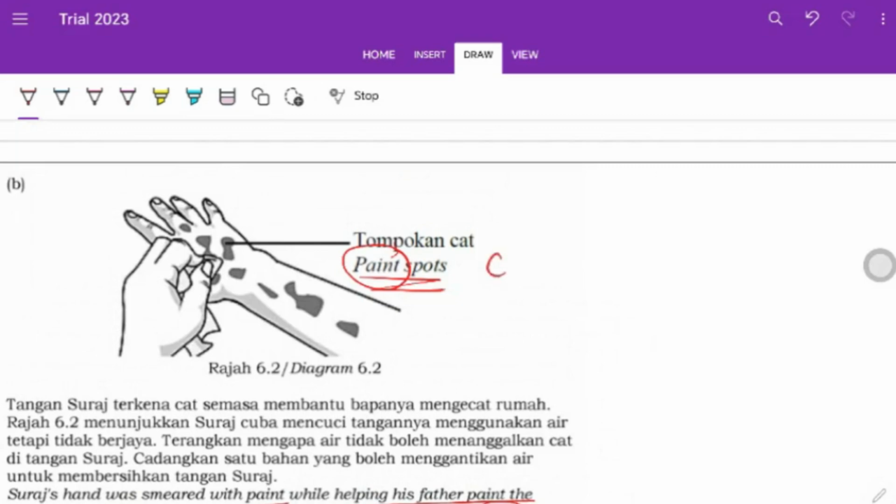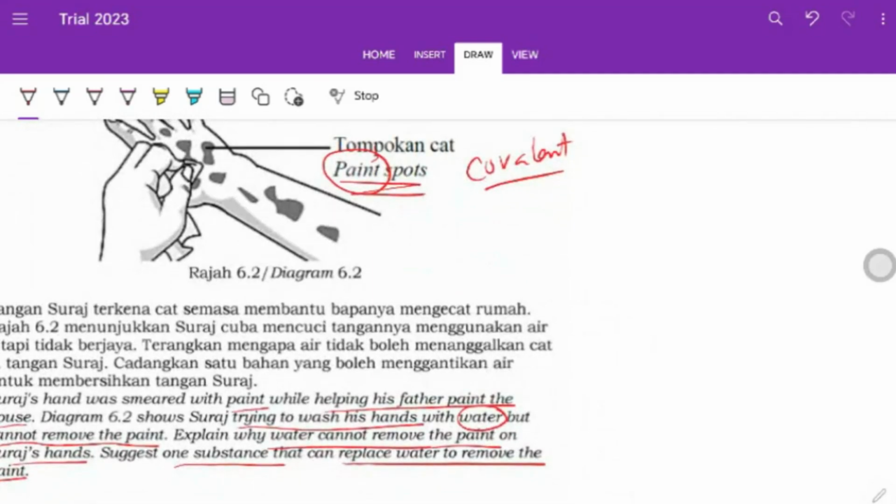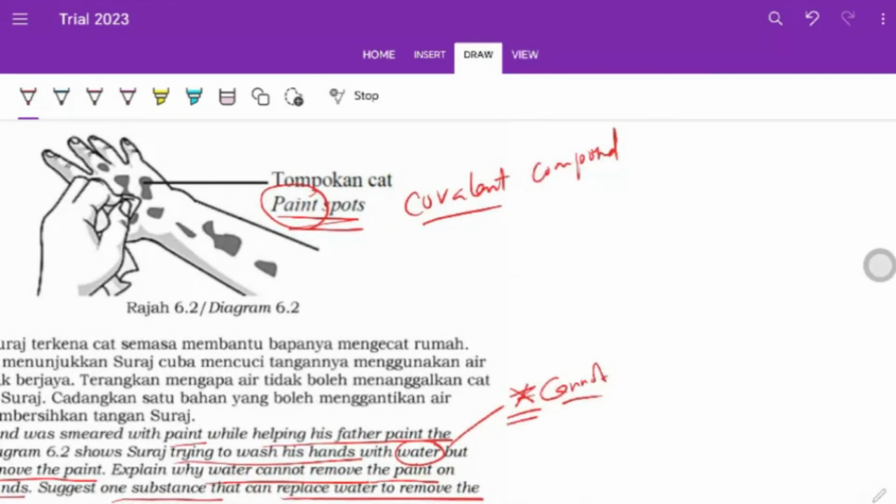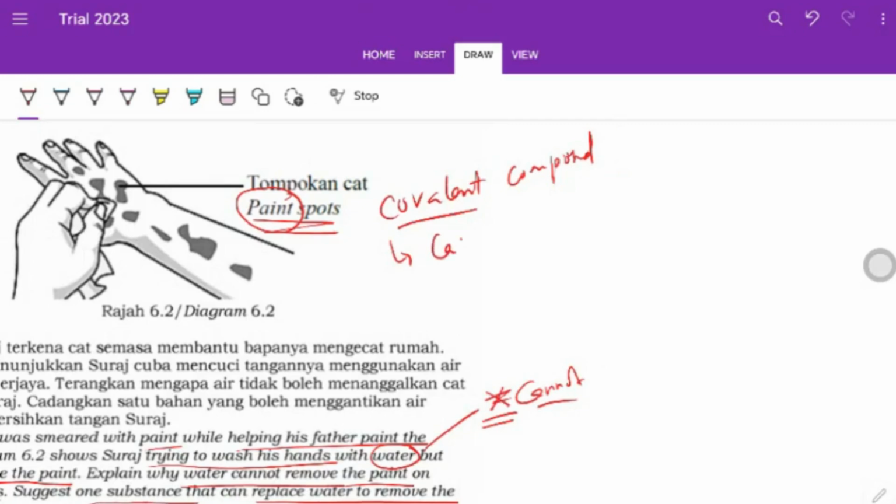Covalent. So why can we not use water to wash? This one is related to the property. Cannot dissolve in water. Very simple concept.